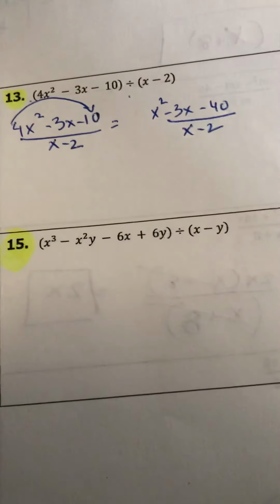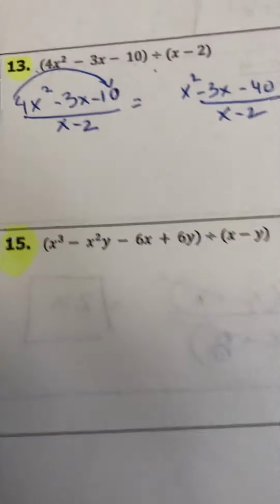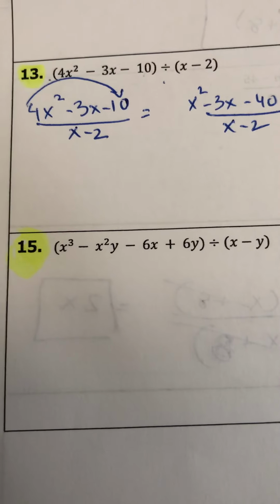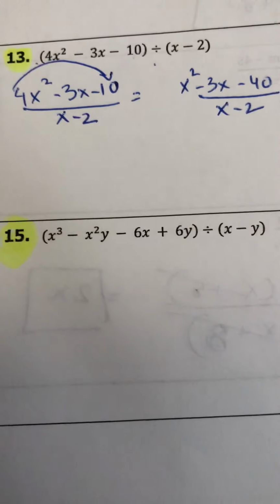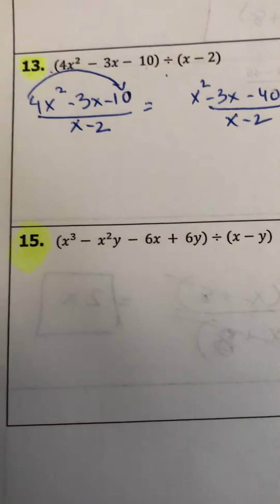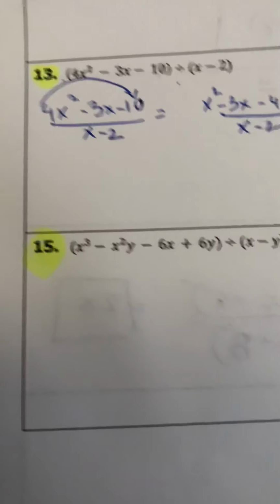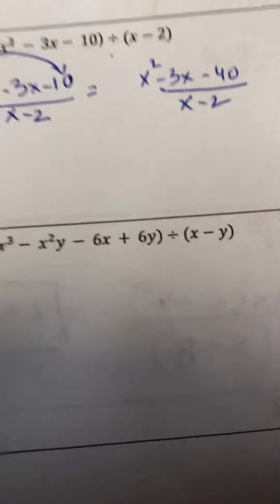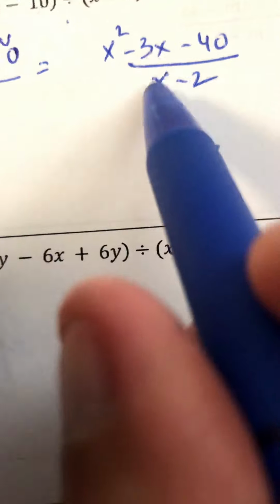Factor out the two factors. 40 is, I guess the two factors would be 8 times 5. Yeah, 8 times 5 gives me 40, and 8 minus 5 gives me 3.